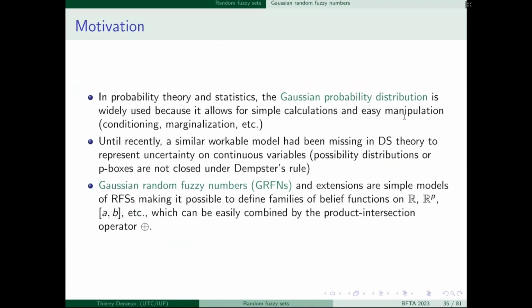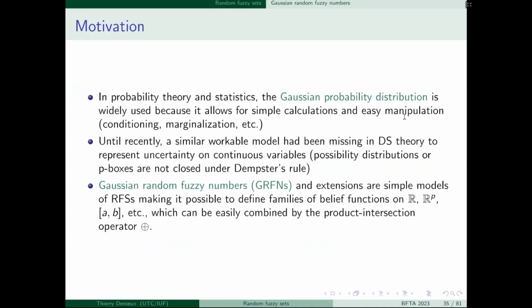Until recently, we didn't have anything like this with belief functions. That's why we see very few papers applying belief functions on infinite frames, like the real numbers, for example. The theory of belief functions in abstract spaces existed for a long time.